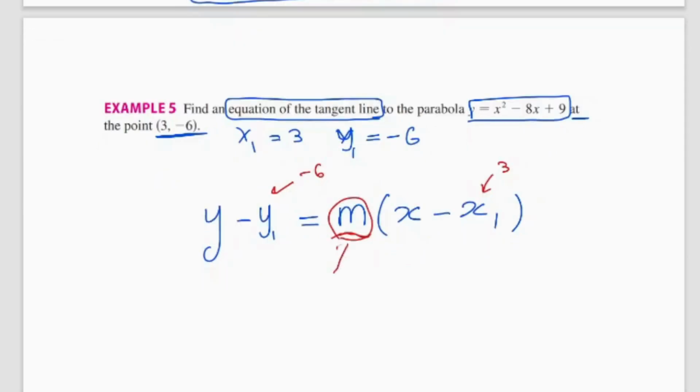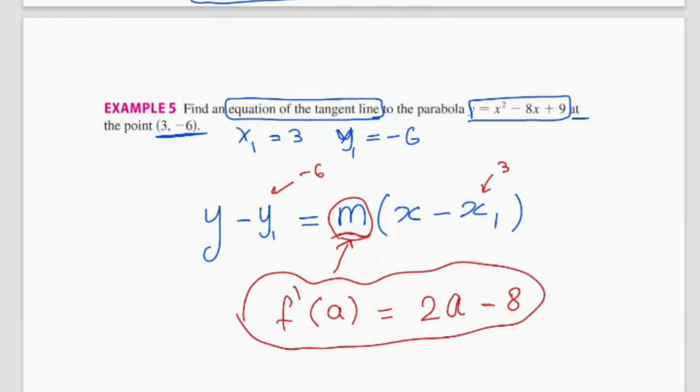To find m, I can just take what I got from example 4, which is f prime at any point is equal to 2 times a minus 8. This is the slope of the tangent line at any point. But here we are looking at the tangent line at this point, so a is exactly the same as x.